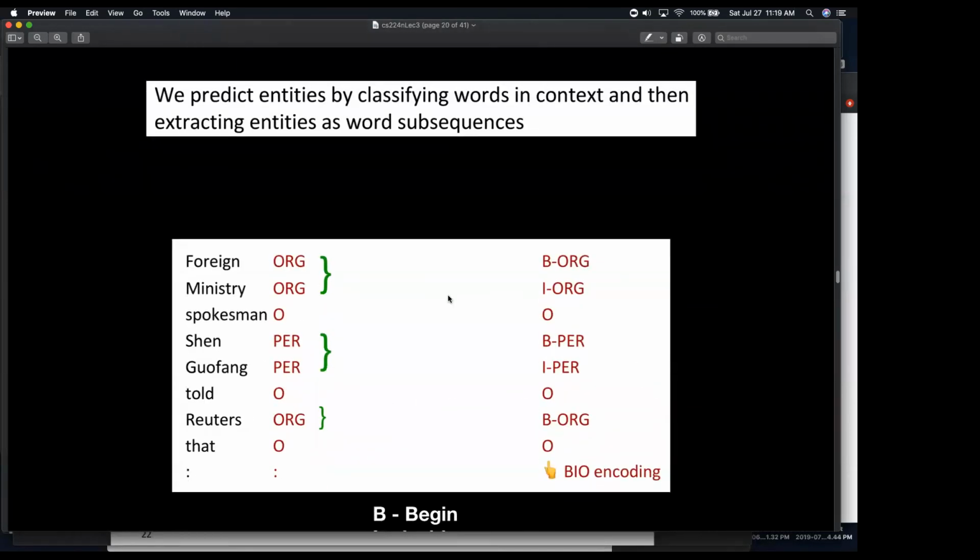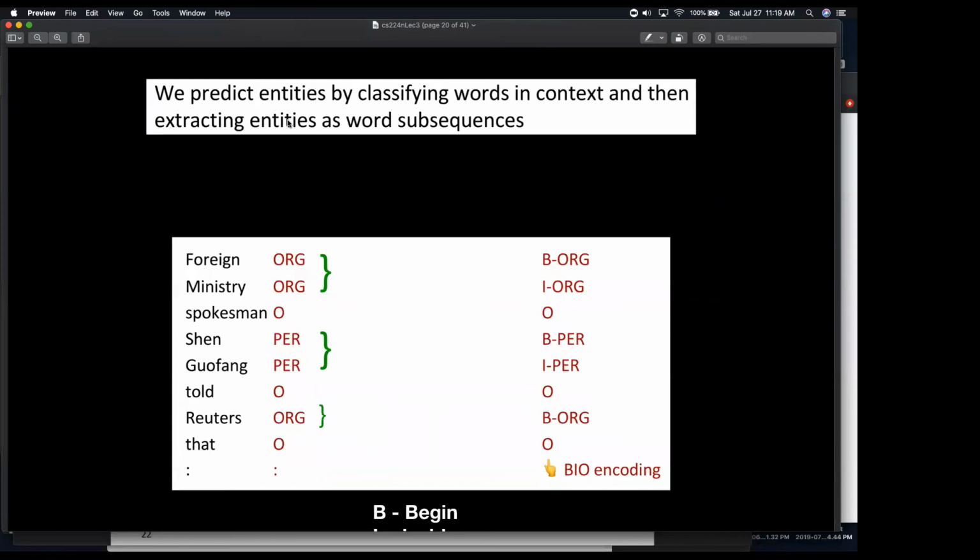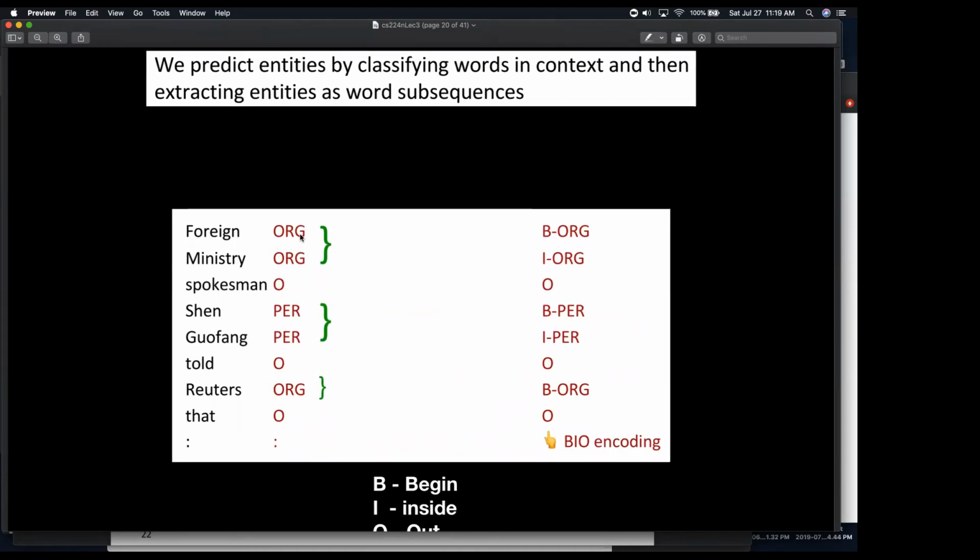Now, you want to predict these entities. Basically, it's again a classification problem. You want to see which class these words fall into, whether it's an organization, a person, or any of those. This is the way they encode these word sequences. Foreign is an org, ministry is an org, spokesperson is none of them. This is a person, again, nothing org.